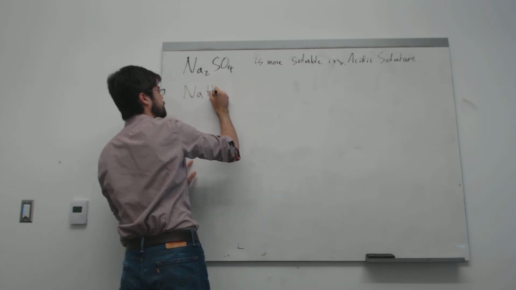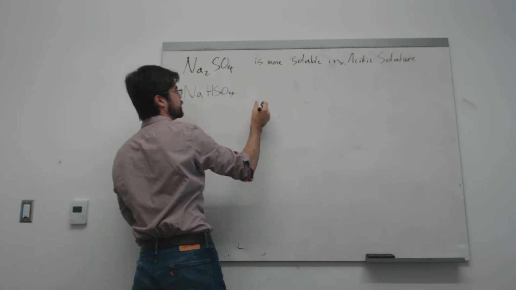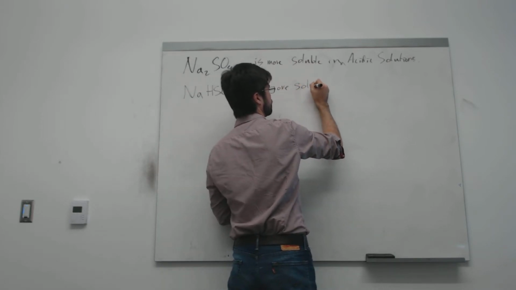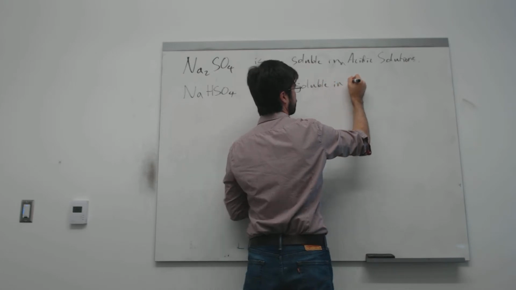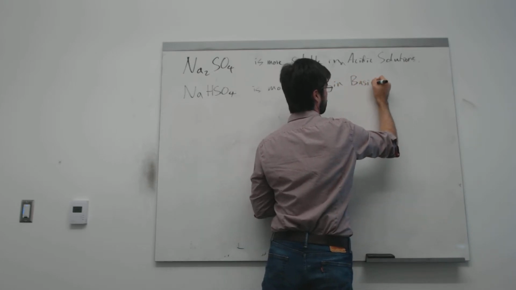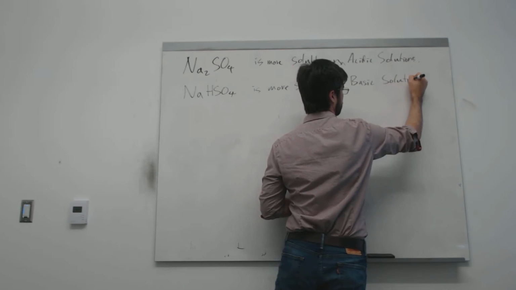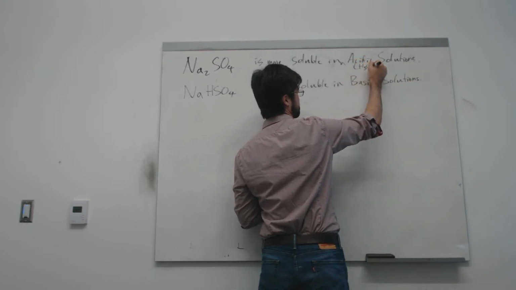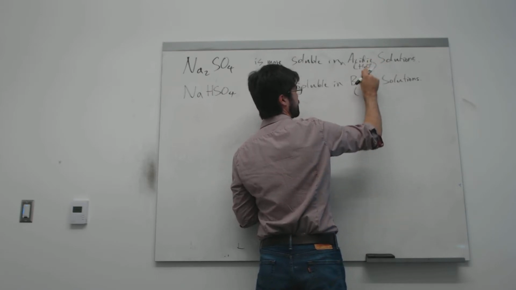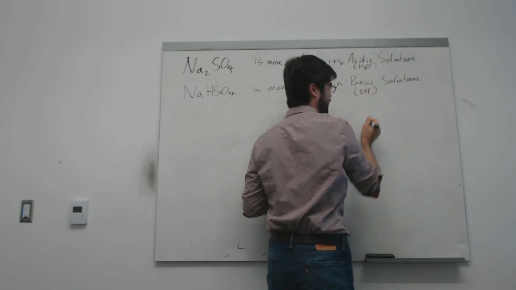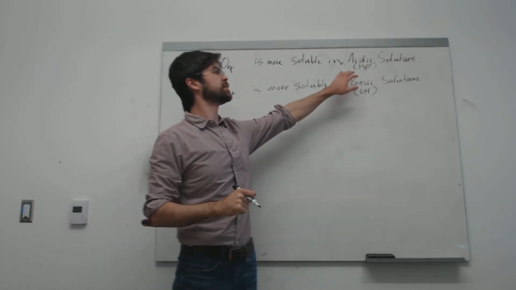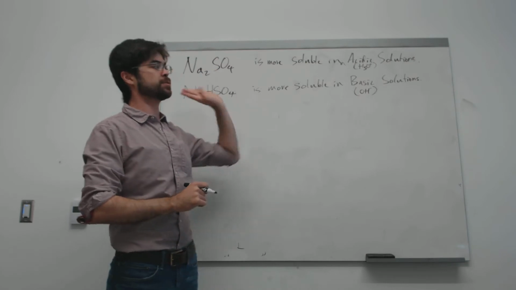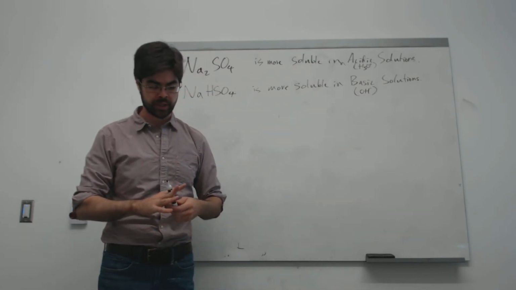Sodium bisulfate, NaHSO4, is more soluble in basic solution. So an acidic solution being one that has a high concentration of hydronium ions, basic solution being one that has a high concentration of hydroxide ions. Acidic solutions are going to be donating protons, basic solutions are going to be removing protons.